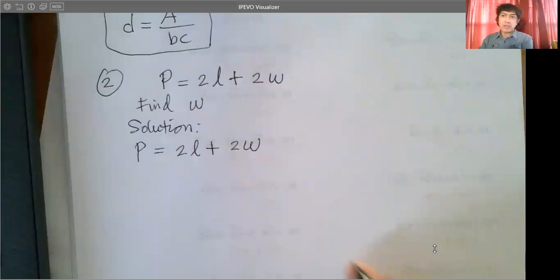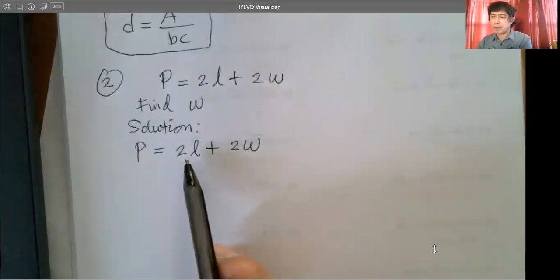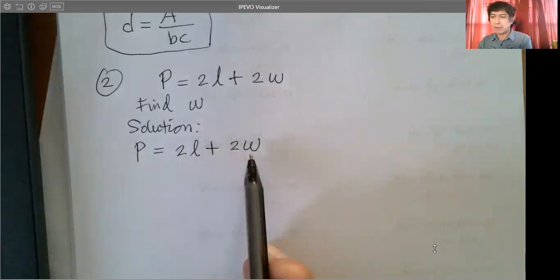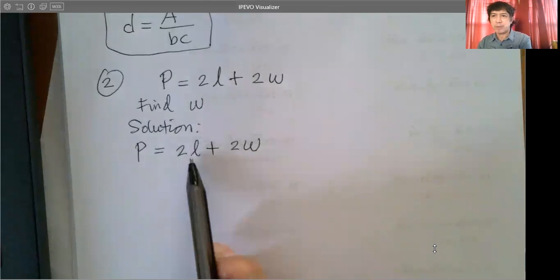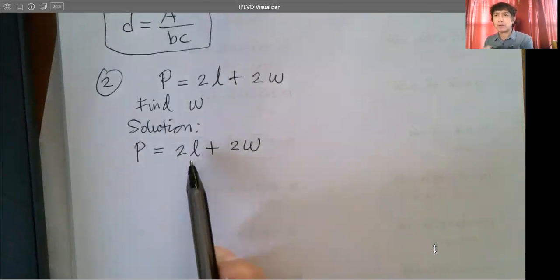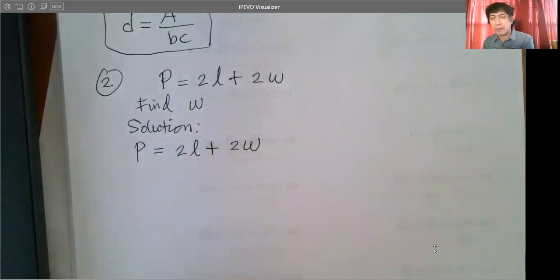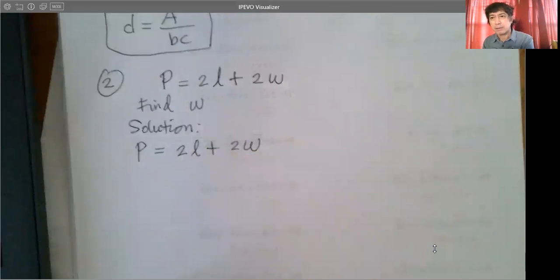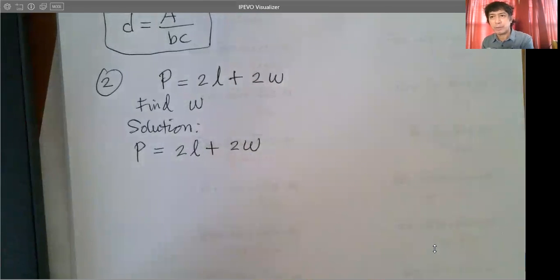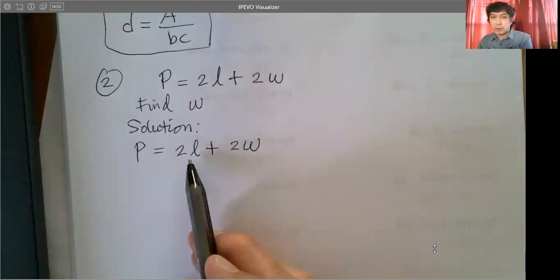Try to investigate your given equation. You can see the 2L term and the 2W term. You can move the 2L to the other side by way of subtraction, because in solving literal equations, you have to choose among the possible operations like addition, subtraction, divide, multiply. The way to isolate the 2L is by subtraction, since the term is positive.